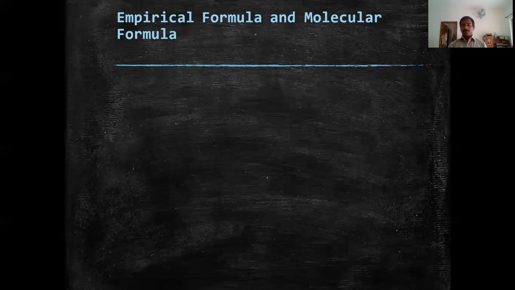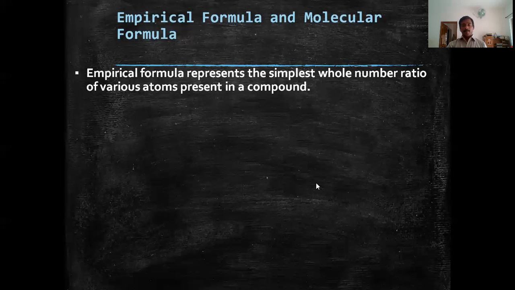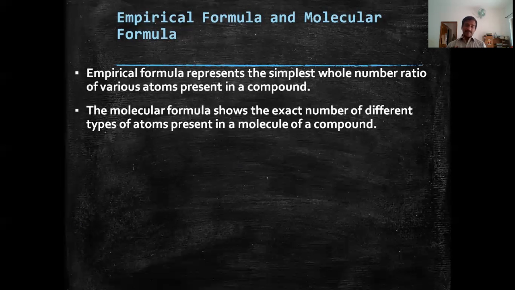So empirical formula represents the simplest whole number ratio of various atoms present in a compound. What is molecular formula? Molecular formula represents the exact number of different atoms present in a compound, or in a molecule.